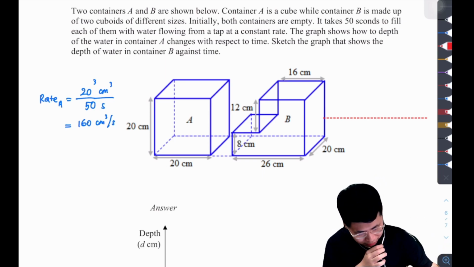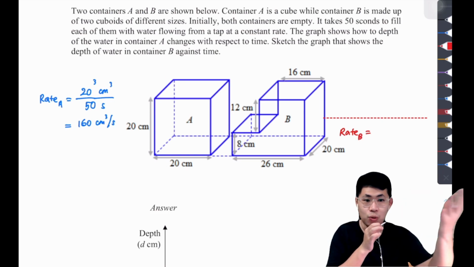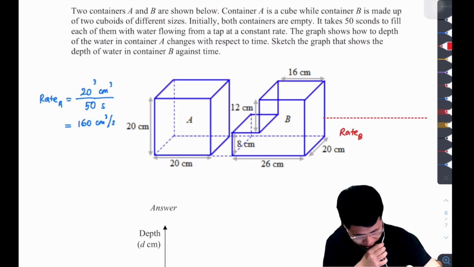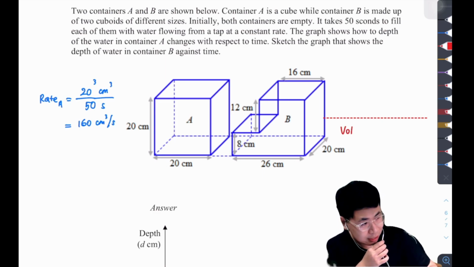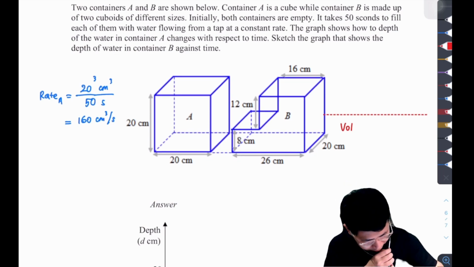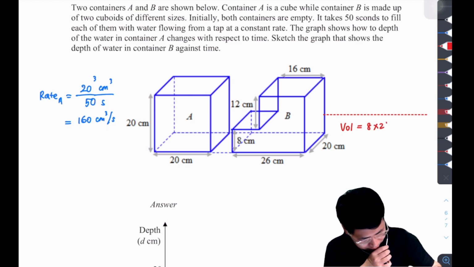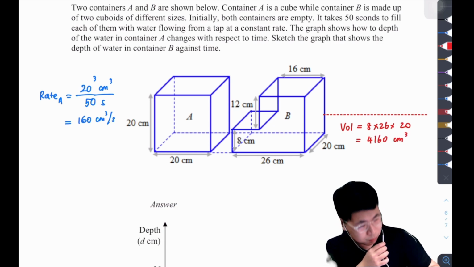Let's find the volume, since we don't have the specific time for that. The volume at the bottom is going to be equal to 8 times 26 times 20, so this is equal to 4160 cm cube.